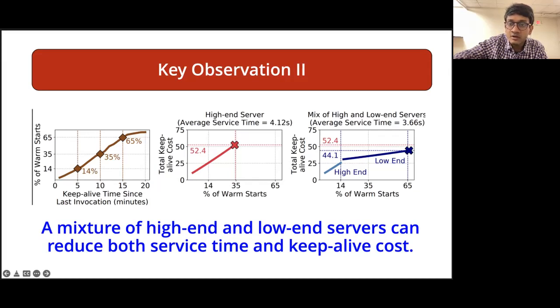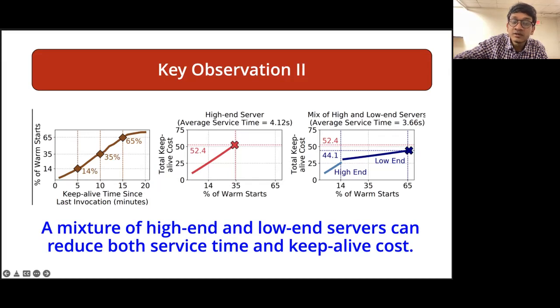Now from the figure on the right, we see that if we have a mixture of low-end and high-end servers, then with a keep alive cost of 44.1, we can get 65% warm starts and have an average service time of 3.66 seconds.